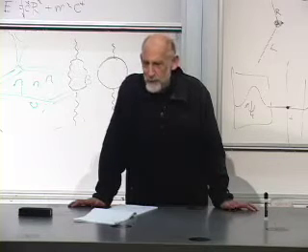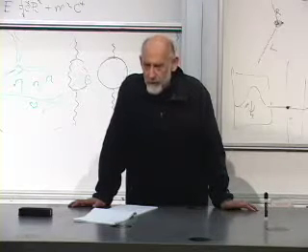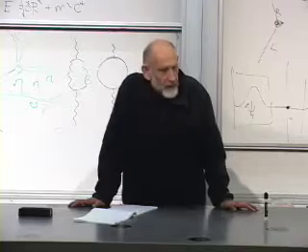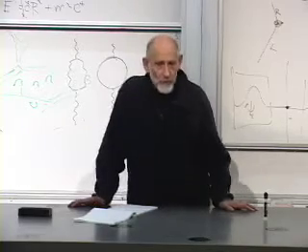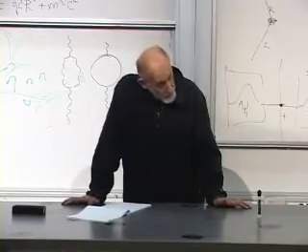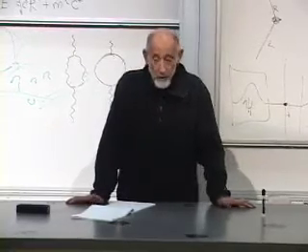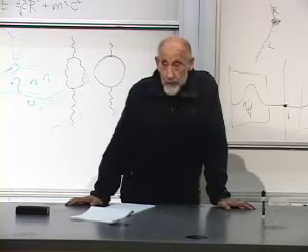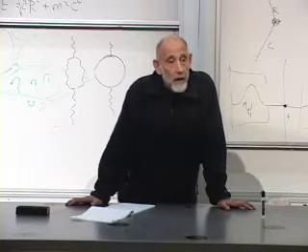I don't know what the right word is. You know what I mean. For every fermion in nature, like the electron, there is another particle which is a boson with integer spin, with the same charge, same electric charge, and so forth.